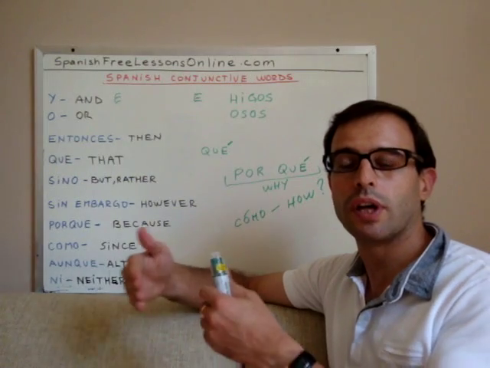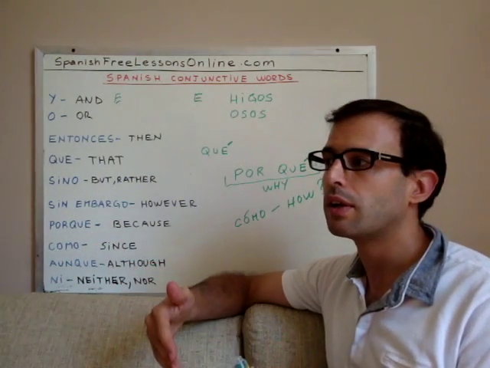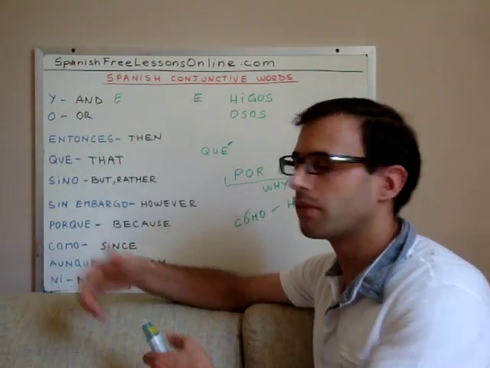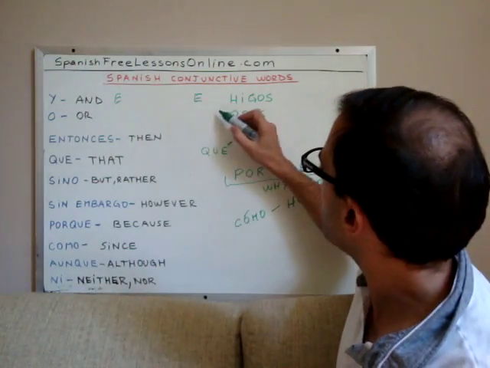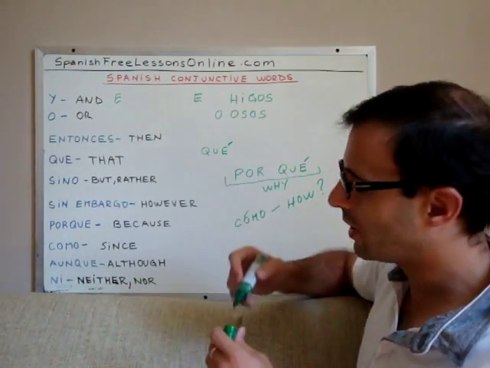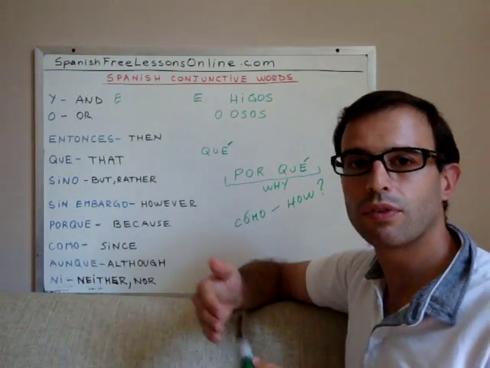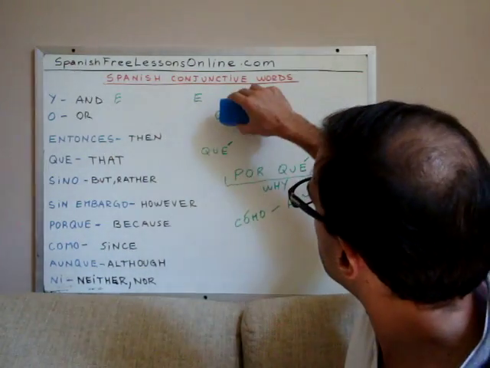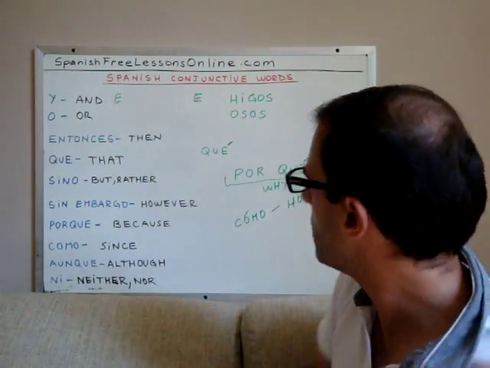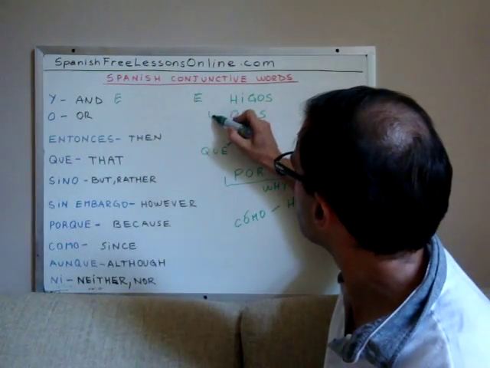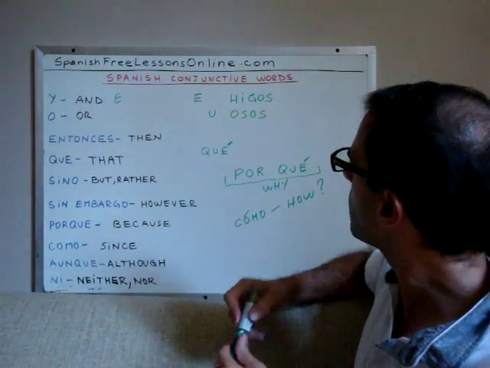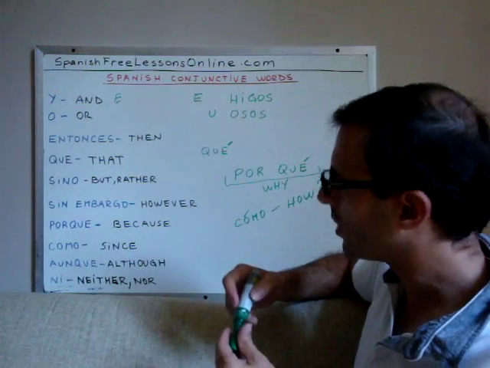Let's say we are connecting two words. Say giraffes or bears. We won't say o osos, right? O osos. It sounds awful. So we would say u osos. Okay? U osos.